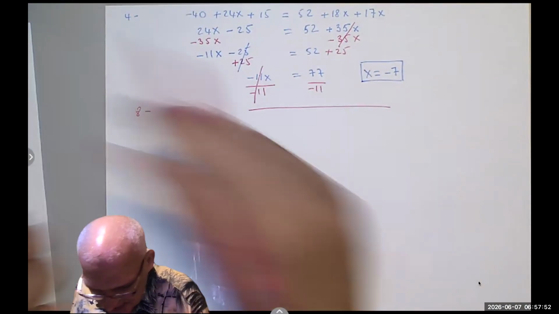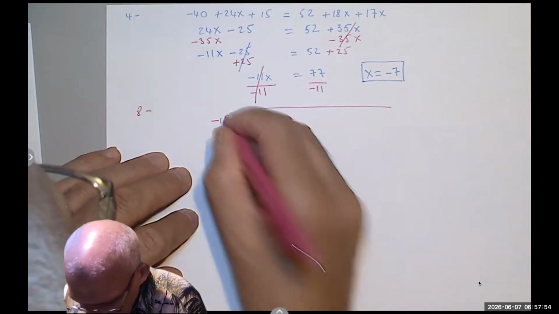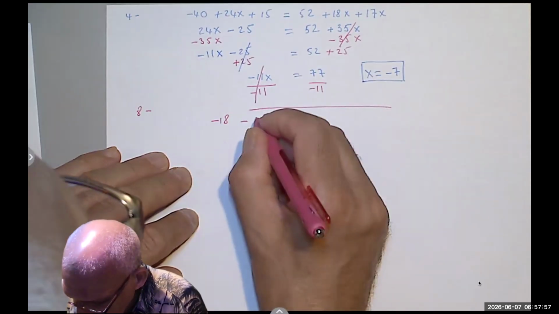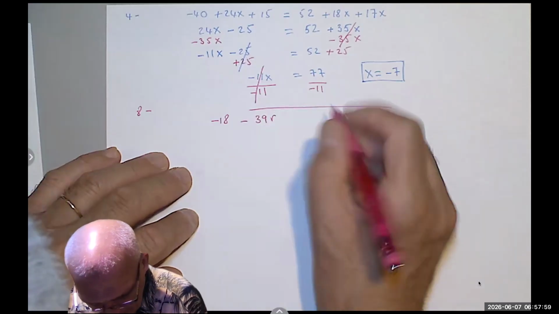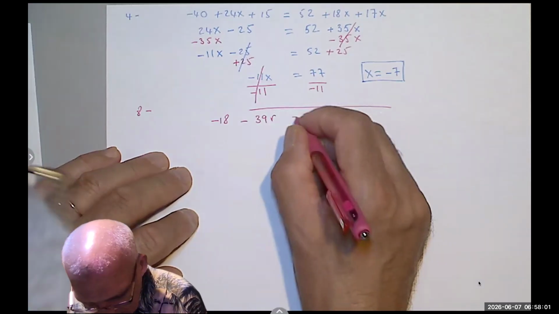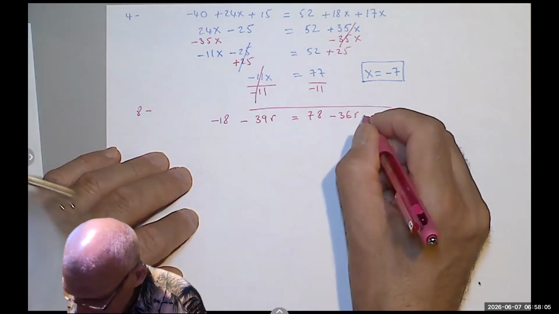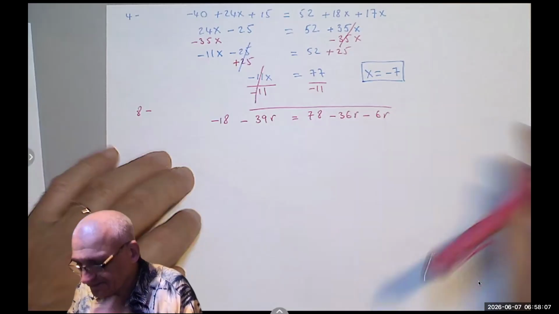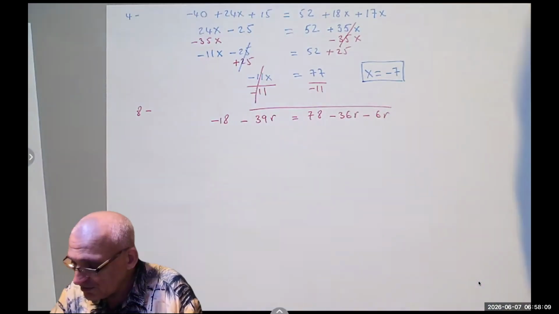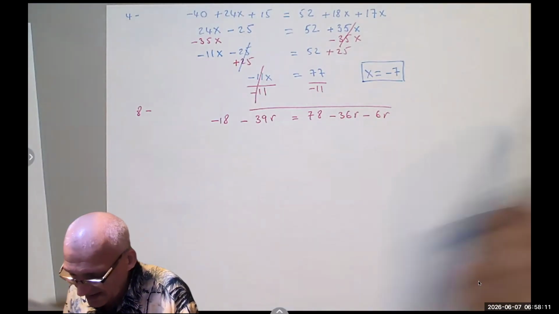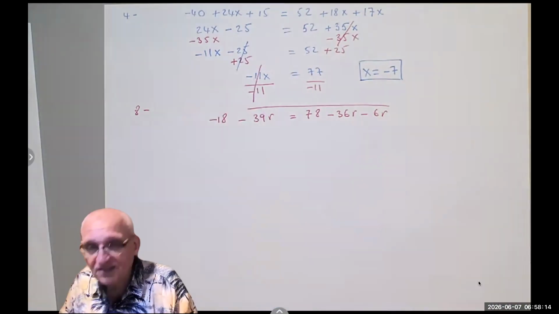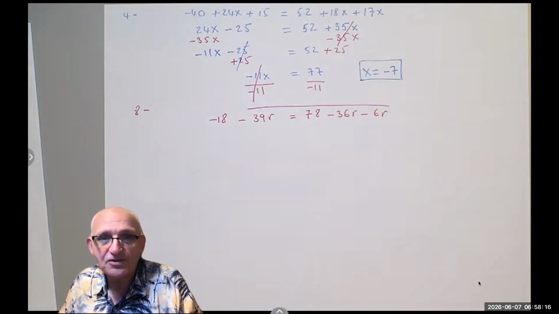Number 8 says negative 18 minus 39r equals 78 minus 36r minus 6r. So when I look at the left-hand side, I see a constant and a variable, nothing to combine. There are no like terms.